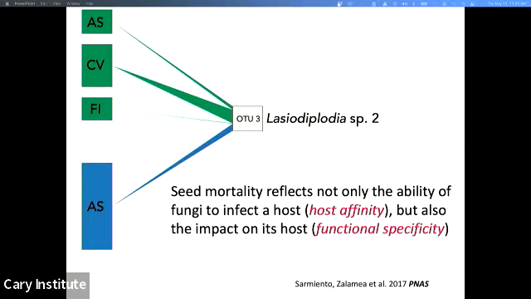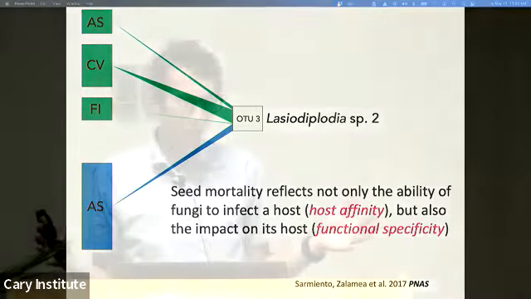And so the take-home message of this part of the talk and the inoculation experiment is that seed mortality is not only reflecting this ability of fungi to colonize the host, which is usually called in the literature host affinity, but the outcome or the impact of that interaction can be host specific.